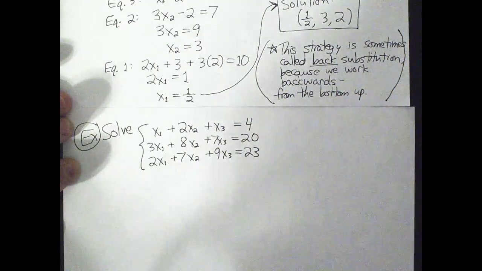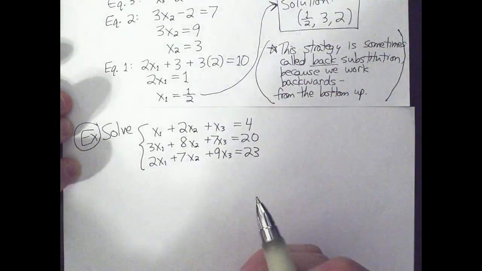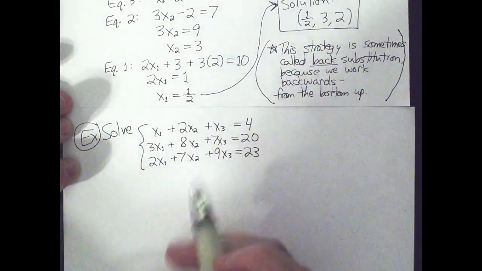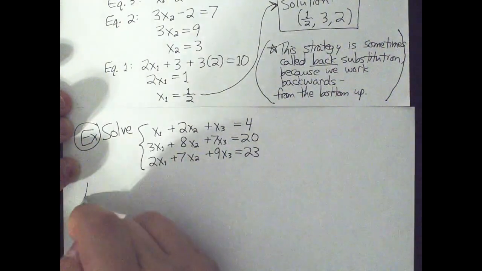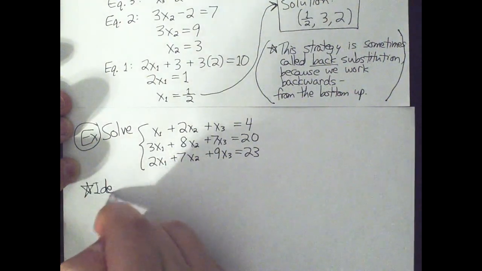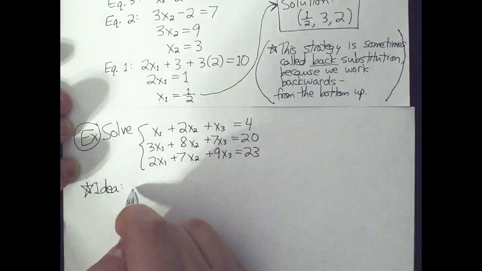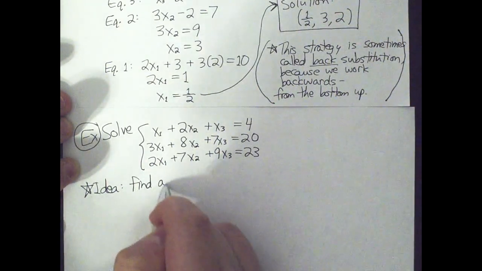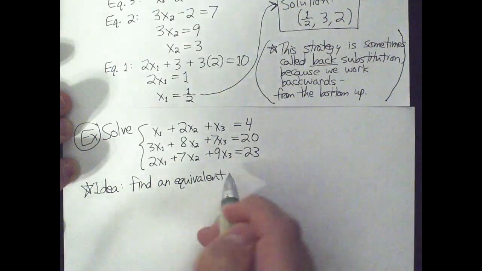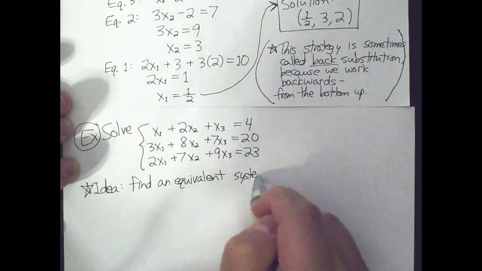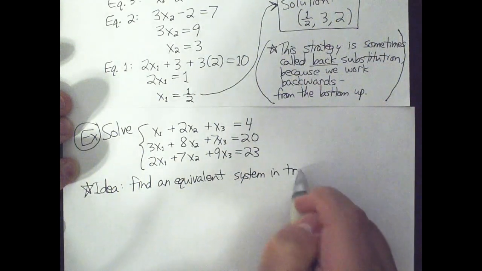All right, so it's not in triangular form, right? So I don't really want to try to use back substitution right away. Here's an idea. Let's try to find an equivalent system in triangular form.